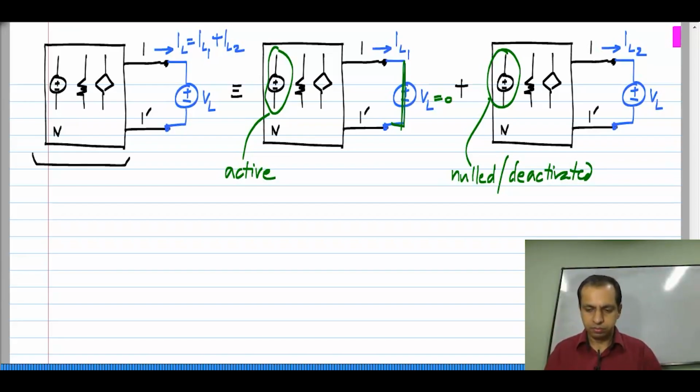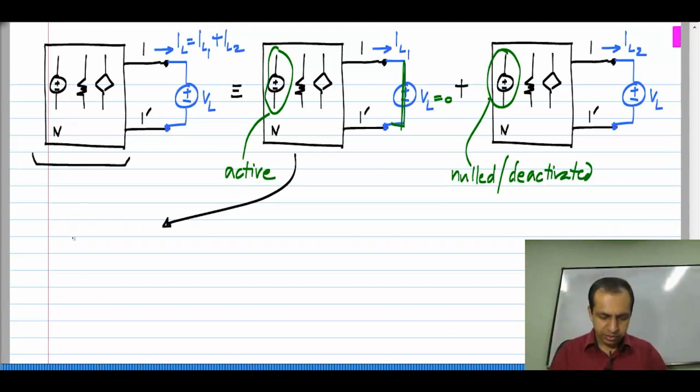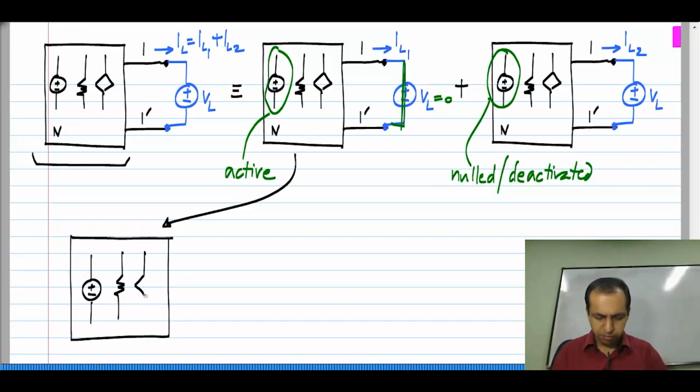Now, let us go step by step. What is this? In this case, what I have done is to have all the internal independent sources active.